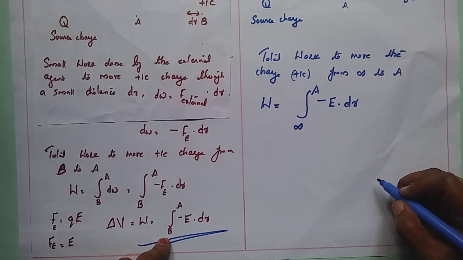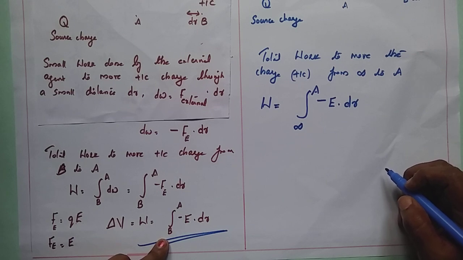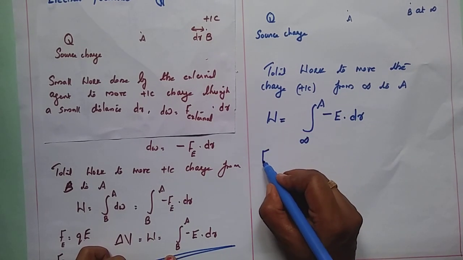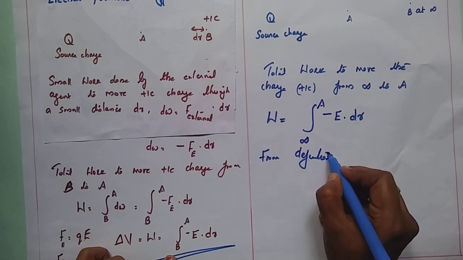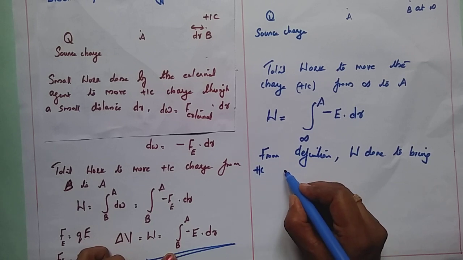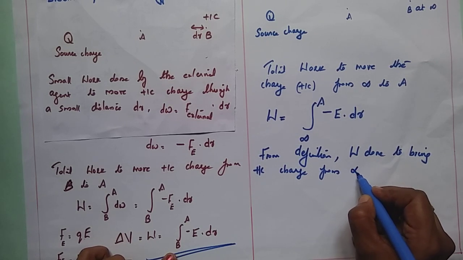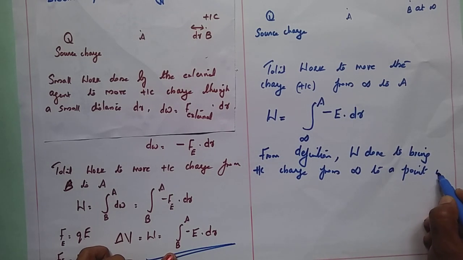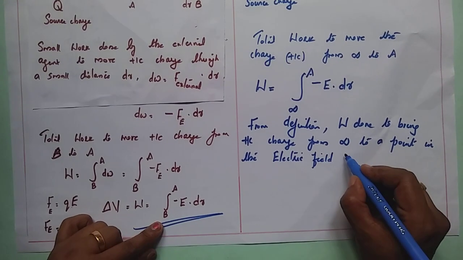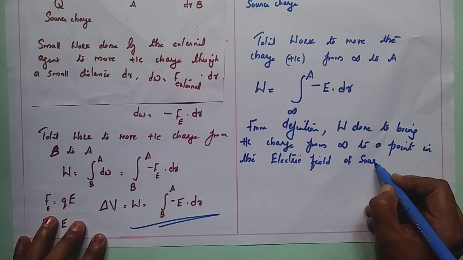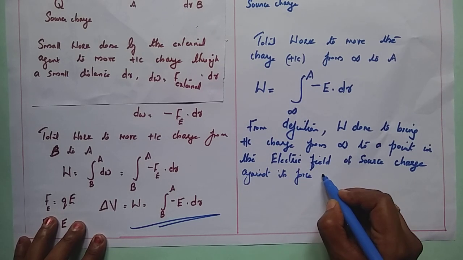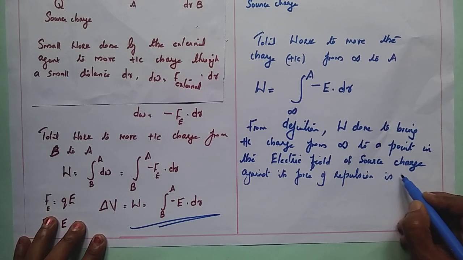What is this work? According to the definition, the work done to bring unit positive charge, plus 1 coulomb charge, from infinity to a point in the electric field of the source charge against its force of repulsion is called potential.